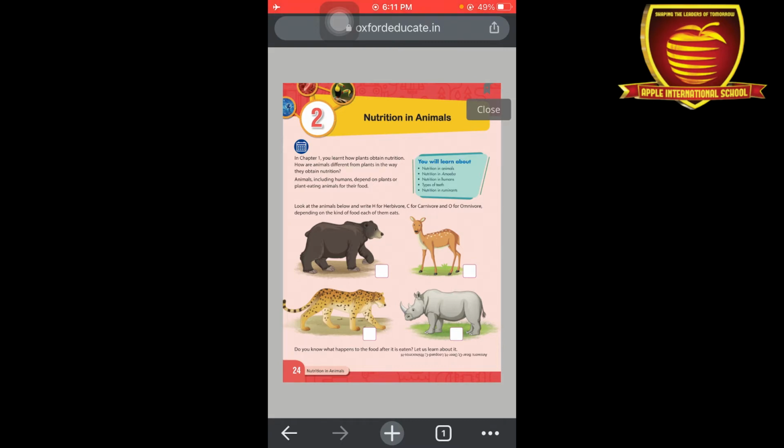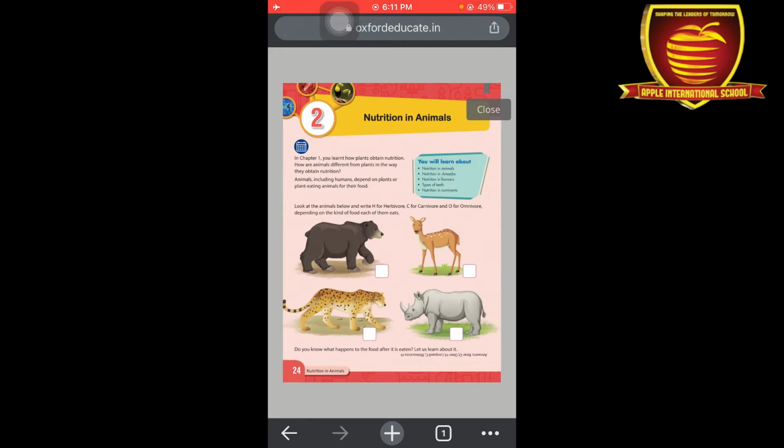As you have seen in the first picture, there are different types of animals, and they are divided into different categories, that is herbivores, carnivores and omnivores. What are herbivores, carnivores and omnivores?